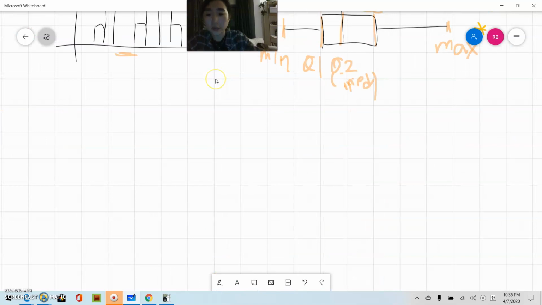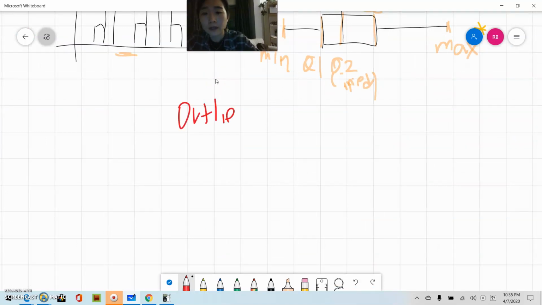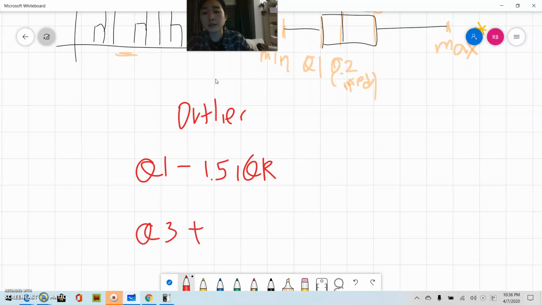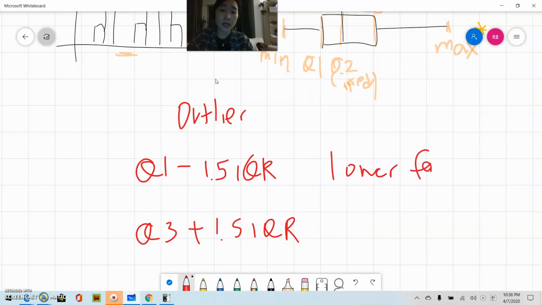So to find outlier, you need your IQR, okay? And you are going to multiply by 1.5. And if you do Q1 minus 1.5 IQR, then you will have a value, right? And you will do Q3 plus 1.5 IQR, and you will have a value, right? We call this a lower fence, and then this one upper fence.